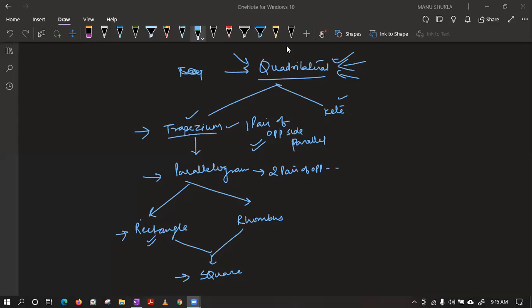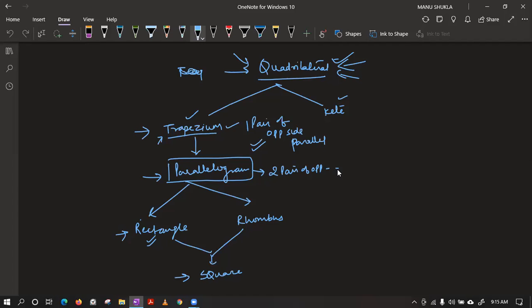Can I say the reverse? No, because they have some special characteristics. Now, under trapeziums we have parallelogram. In trapezium, the condition was there should be at least one pair of opposite sides parallel.